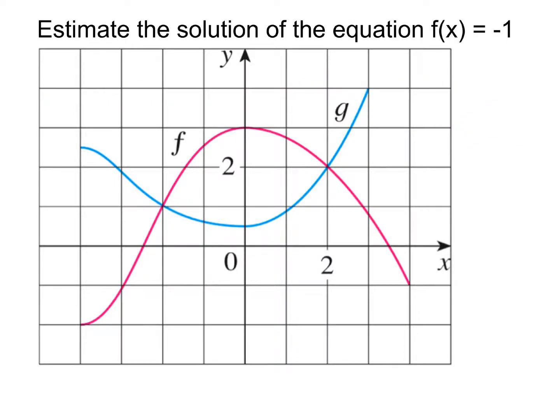With that in mind, this one is probably a little bit more straightforward. Estimate the solution, please, to f of x equals negative 1. All right, so if f of x equals negative 1, what does x equal? And again, you can visualize it this way: we're looking to see when it hits that line, because it's y equals negative 1. So what do we get as an answer then?